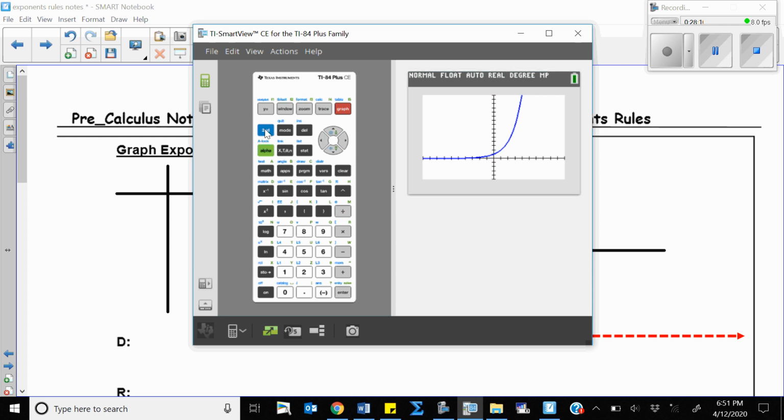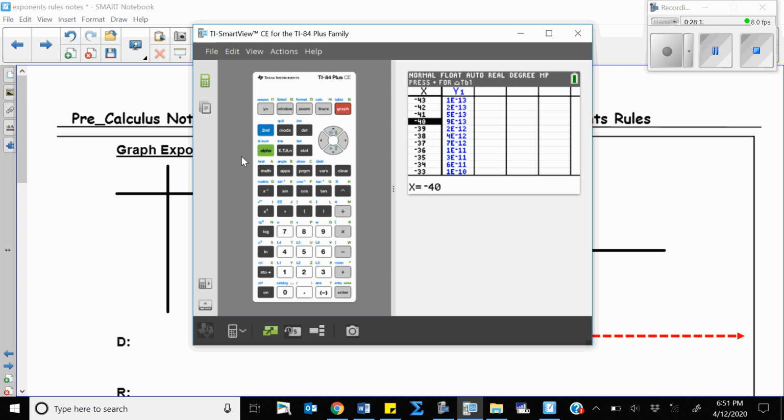Let's just have a quick look at the table. As you see here, I'm going to move down first to 0.